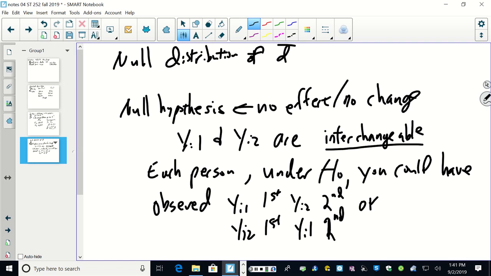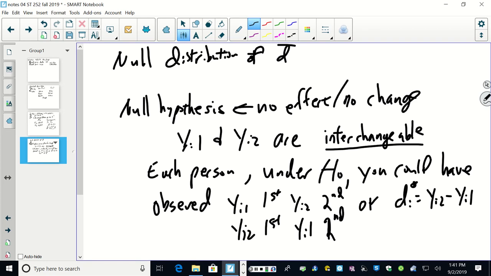If we observe this one, we'd compute di as the difference. I'll put a little star on that. That would be the hypothetical one. This is the one we actually saw. That's what actually happened, but under the null hypothesis, that's one we might have seen.